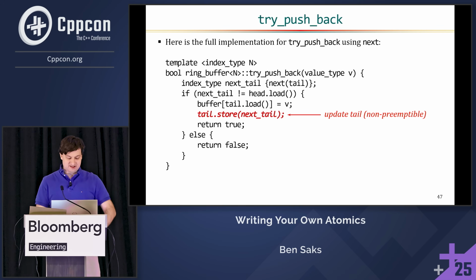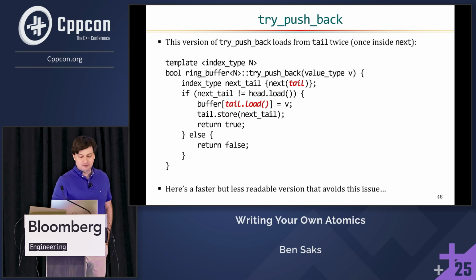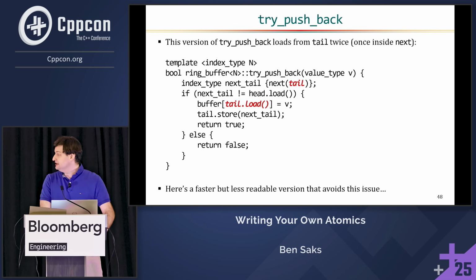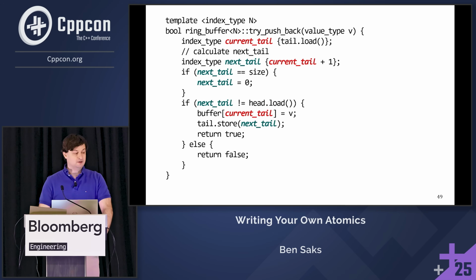Now, this is a slightly simplified version of try pushback. This isn't ideal because it's actually reading from tail twice here, once inside the next function and once there to write v into the underlying array. Here's a larger version that's a little bit more sophisticated, but it does prevent that issue.